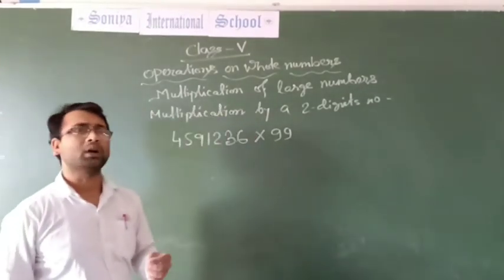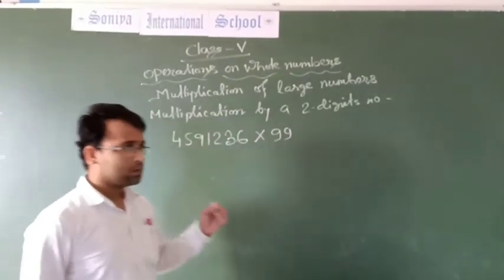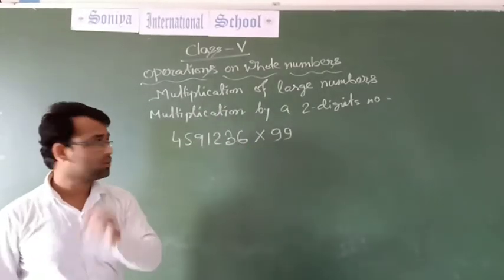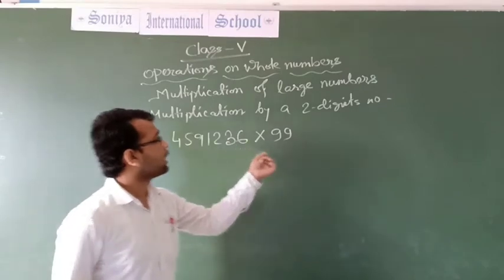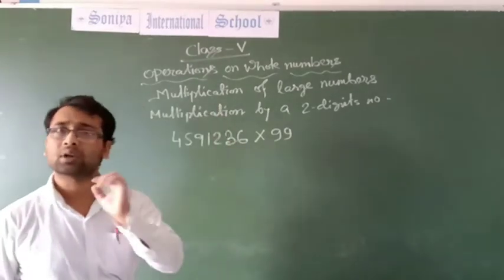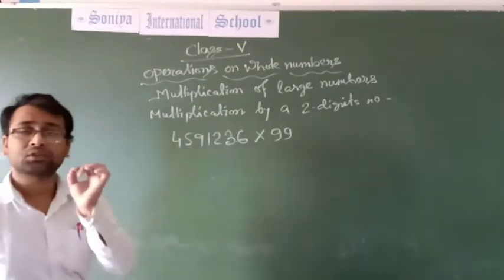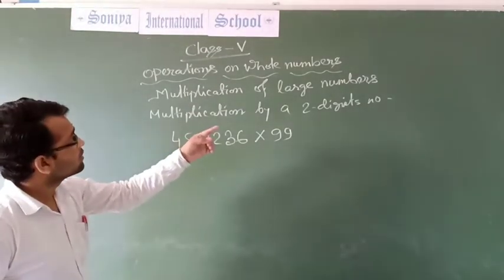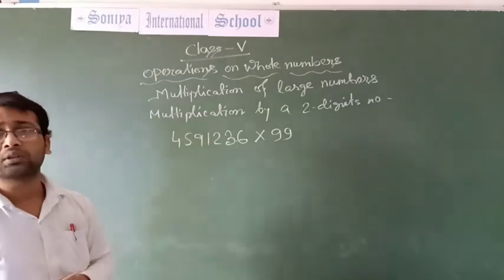You can multiply by any number, but I will multiply by the greatest number. So let's see the steps of multiplication by a 2 digits number.